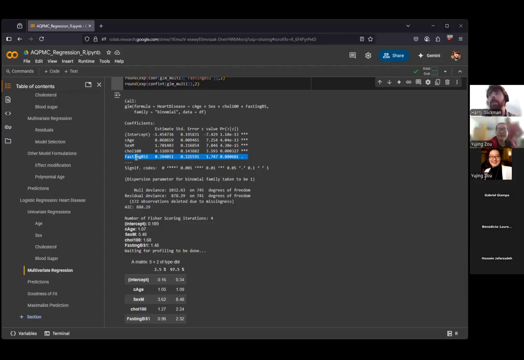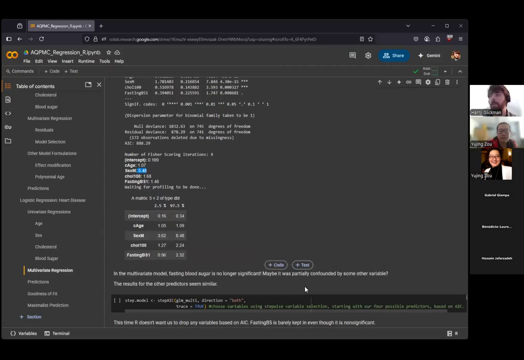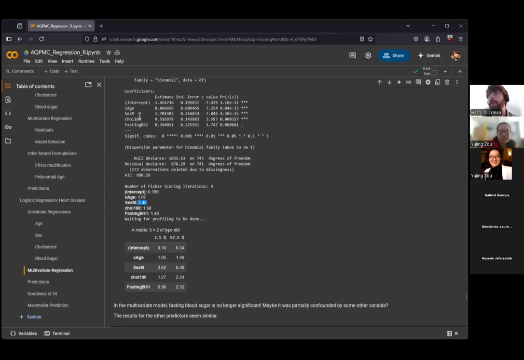And probably this relates to relationships between fasting blood sugar and sex, for example, which is now an even bigger effect. So this maybe is some sort of confounding of sex and blood sugar, where sex, including it in this multivariate analysis, has removed the effect of blood sugar, which is no longer significant, and now overlaps 1, meaning that there's 1 times the odds, which is no effect.